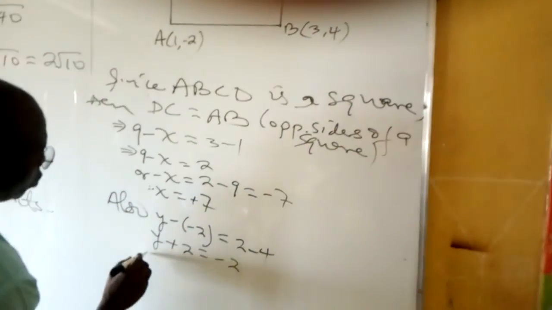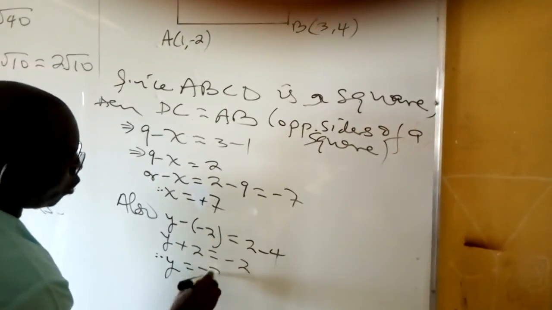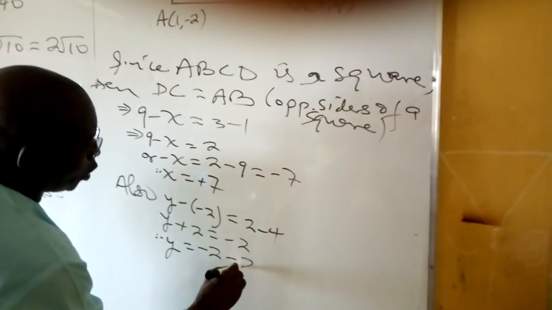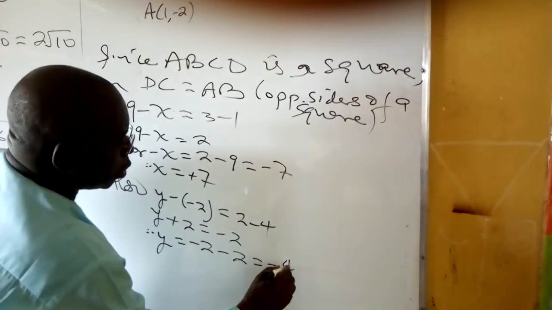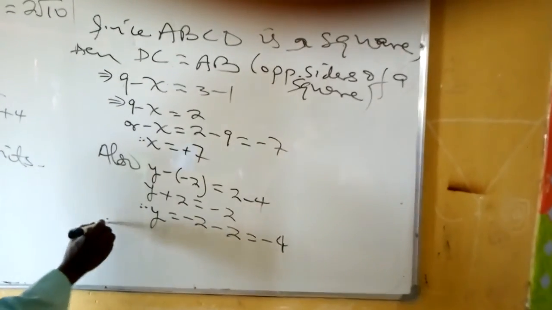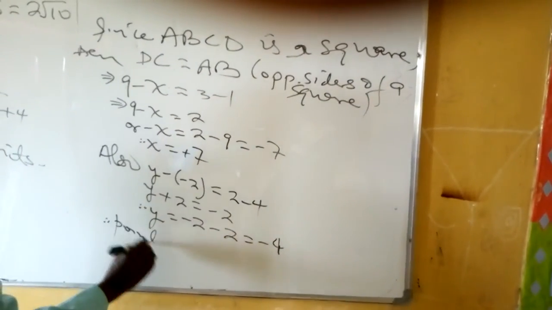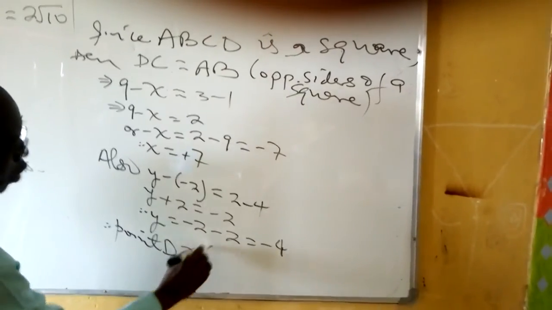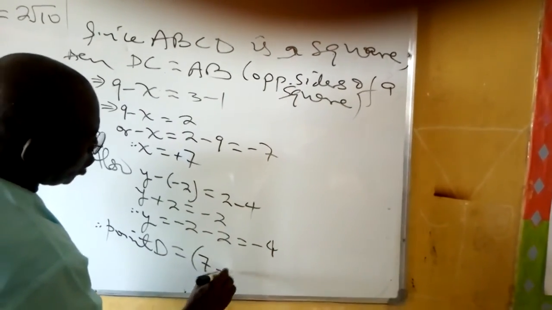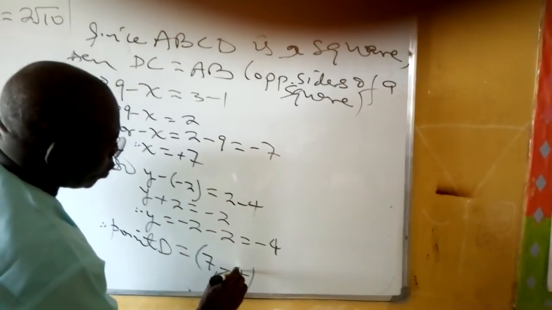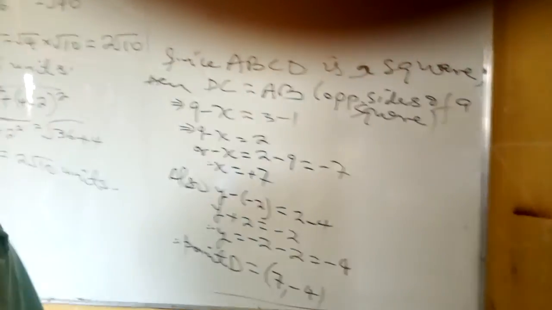So y equals minus 2 minus 2, which is equal to minus 4. Therefore, point D is equal to (7, minus 4). These are my answers. I'm done.